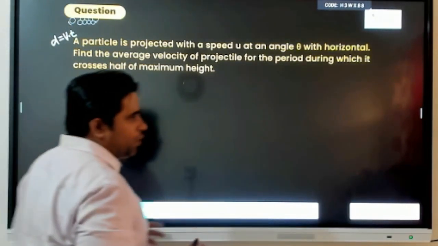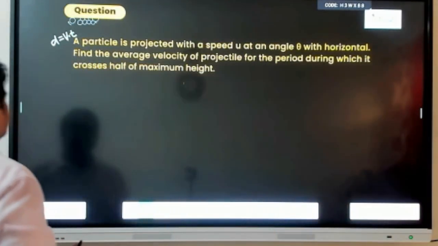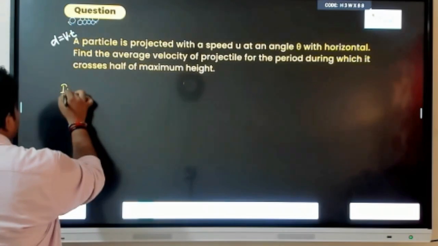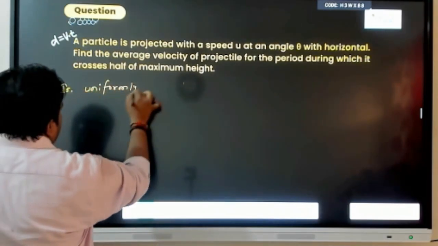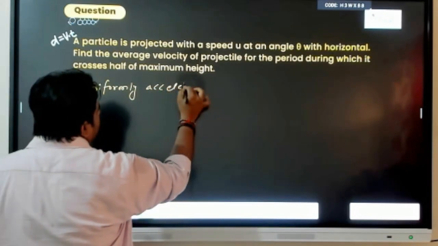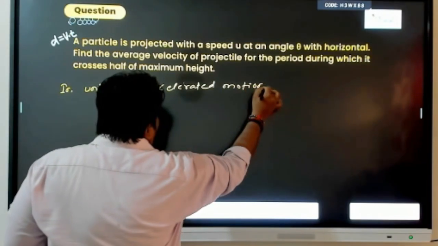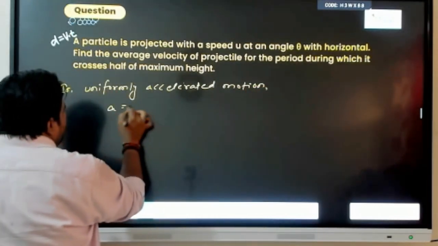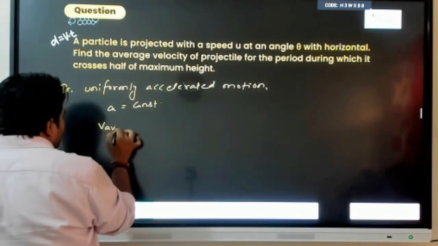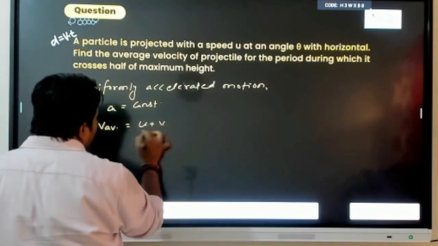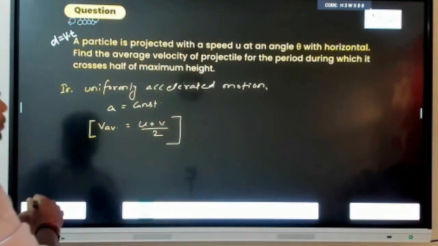For the average value of velocity, you must understand that in uniformly accelerated motion, where we can say that a will be constant, in that condition the average value of v will be nothing but (u plus v) by 2. That must be known to you.